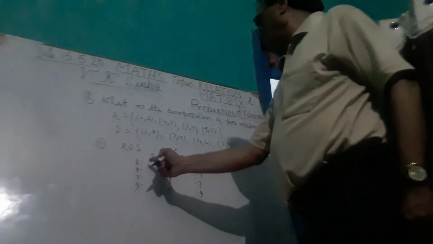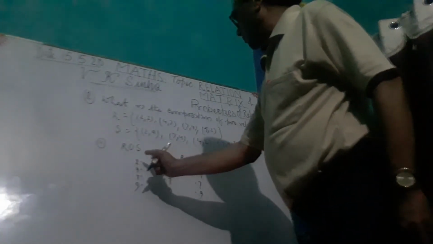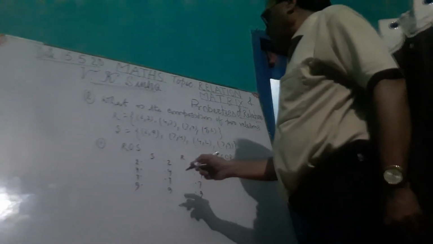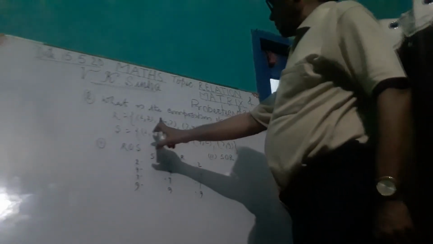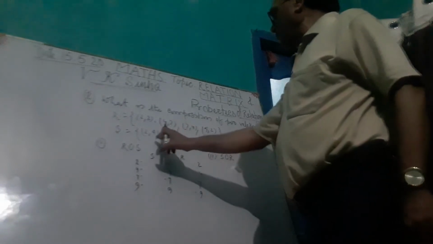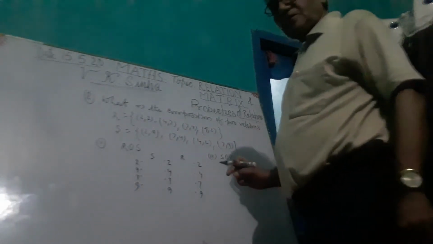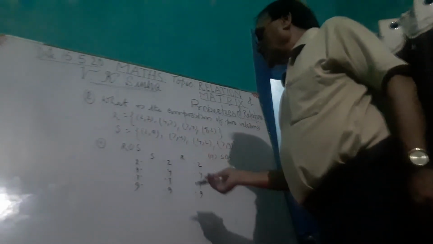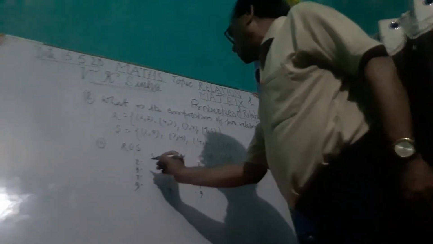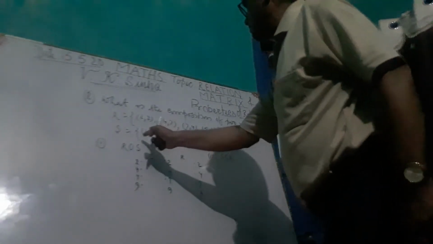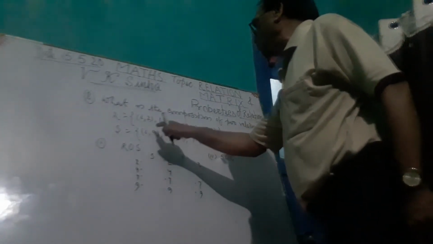Now first the elements of S are shown by directed arrows. The first element of S is (2, 9).